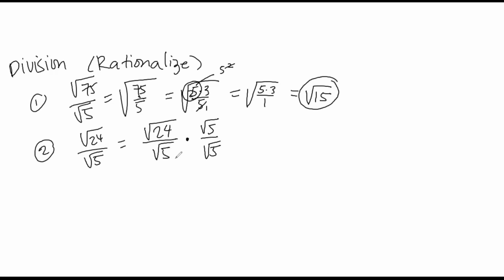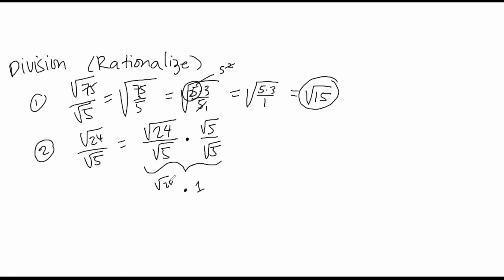Because this is just the identity, I mean the what they call this in the multiplication rule, the identity rule. Root of 5 over root of 5 is just 1, right?